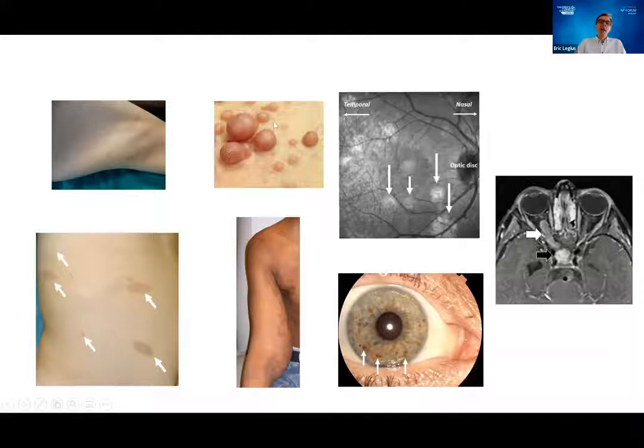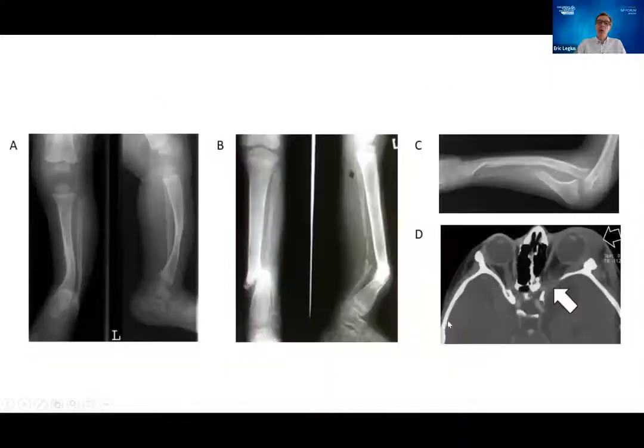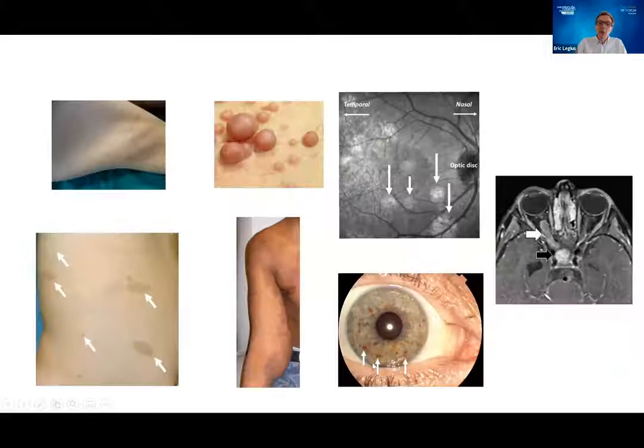These are the cutaneous neurofibromas. These are the choroidal nodules that you see with the OCT scanning of the eye. This is an optic pathway glioma at the optic nerve chiasm. Here you have the iris Lisch nodules, these brown nodules in the iris.